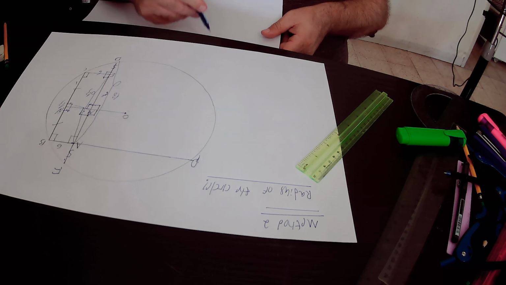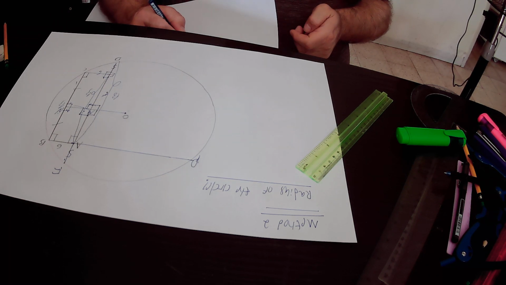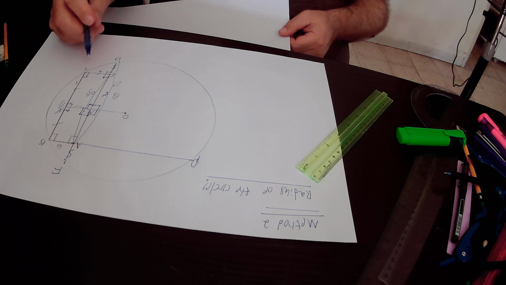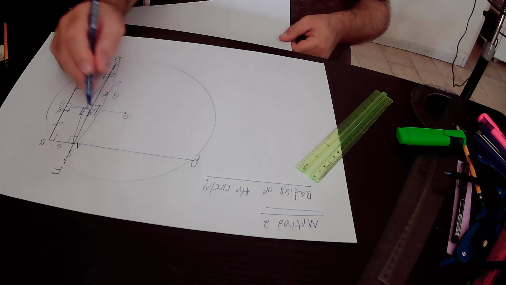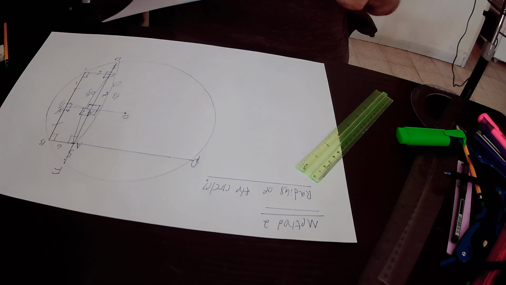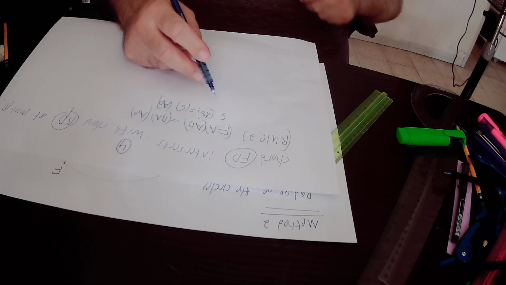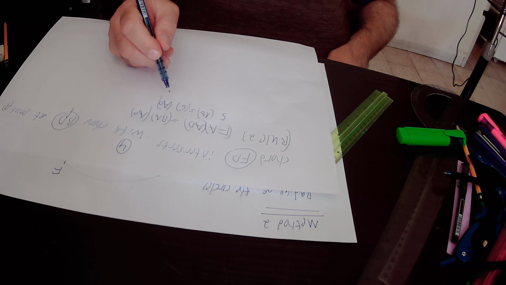FA equals 5, AD equals 18, BA equals 6, and AP is the missing segment, so we leave it as it is. So we found out that 5 times 18 equals 6 times AP.